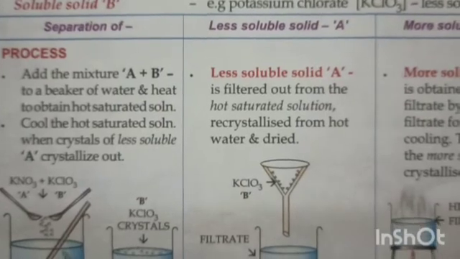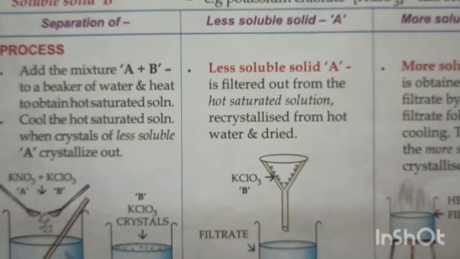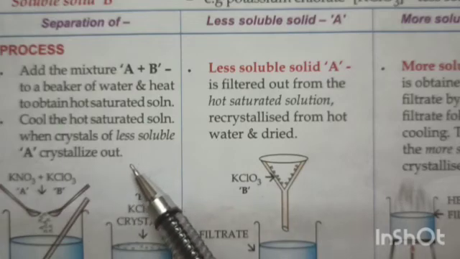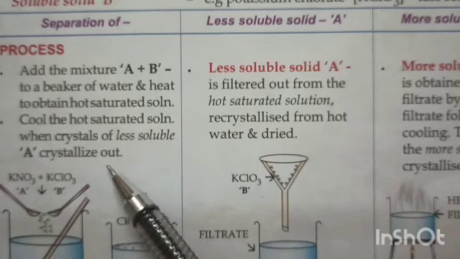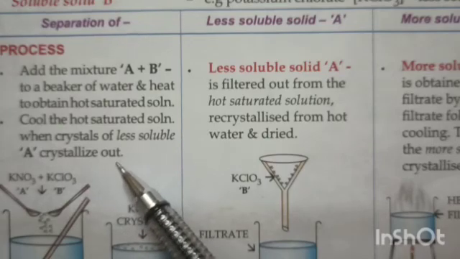Then you cool down this hot saturated solution, and when you cool it, the crystals of the less soluble one, potassium chlorate, crystallize out.